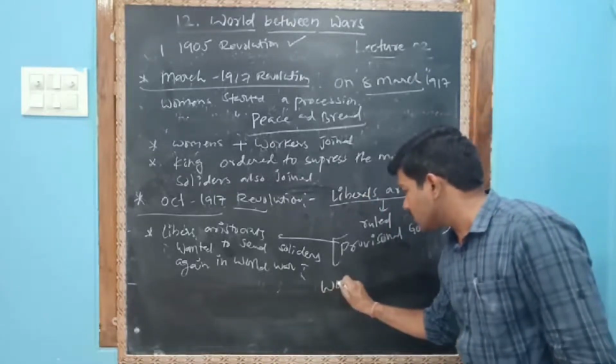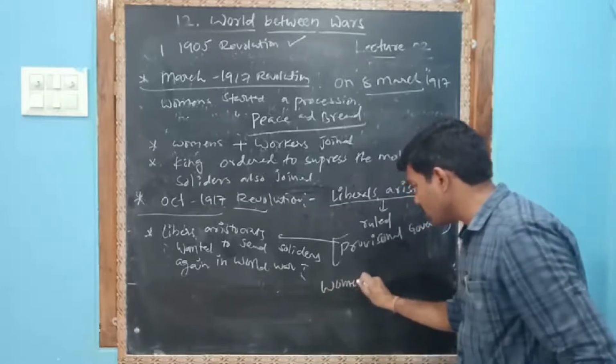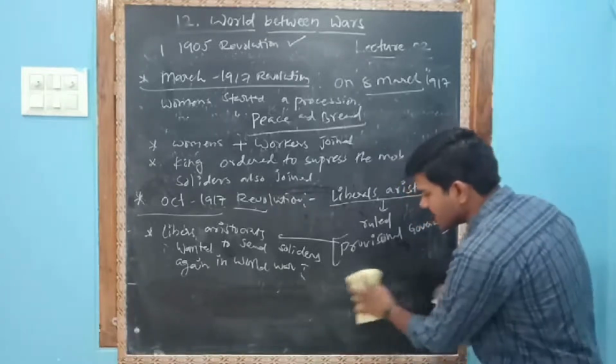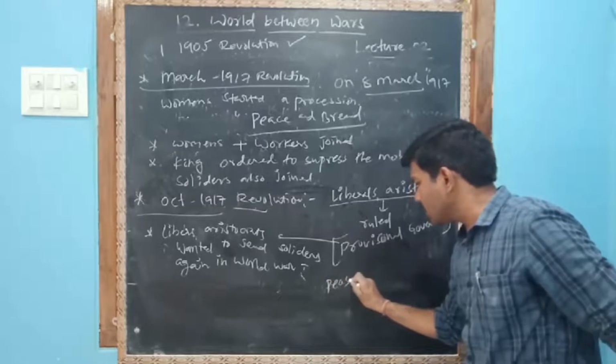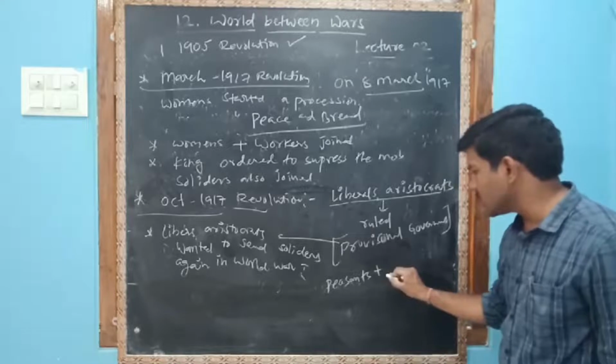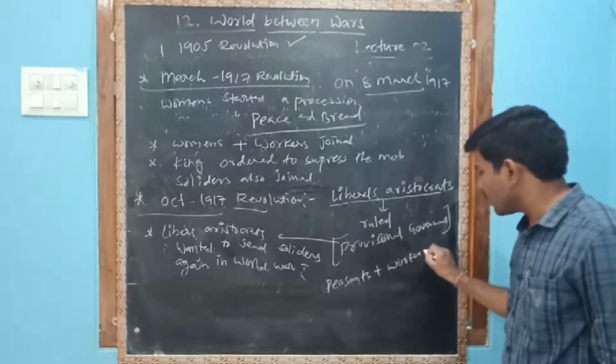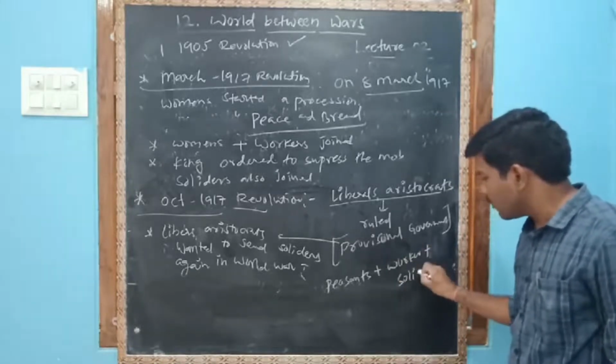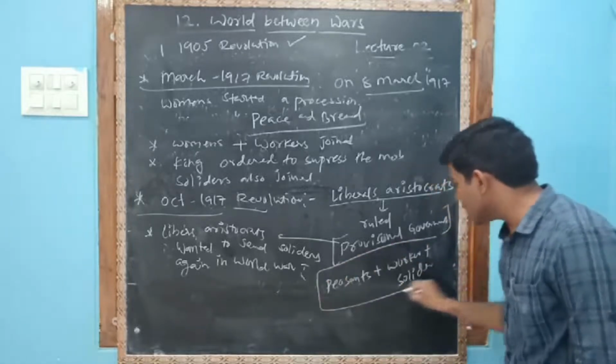These people were against this provisional government decision. Peasants means farmers. Peasants plus workers plus soldiers formed councils.